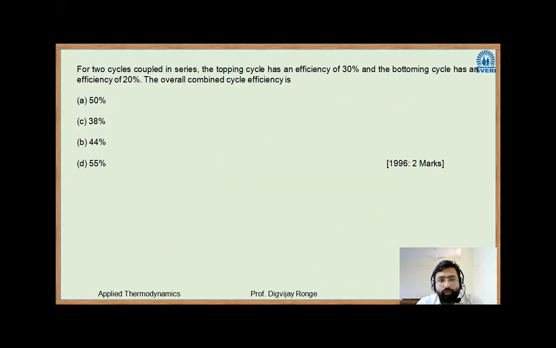It says for two cycles coupled in series, the topping cycle has an efficiency of 30%, the bottoming cycle has an efficiency of 20%. The overall combined cycle efficiency is... see, it is new to you.